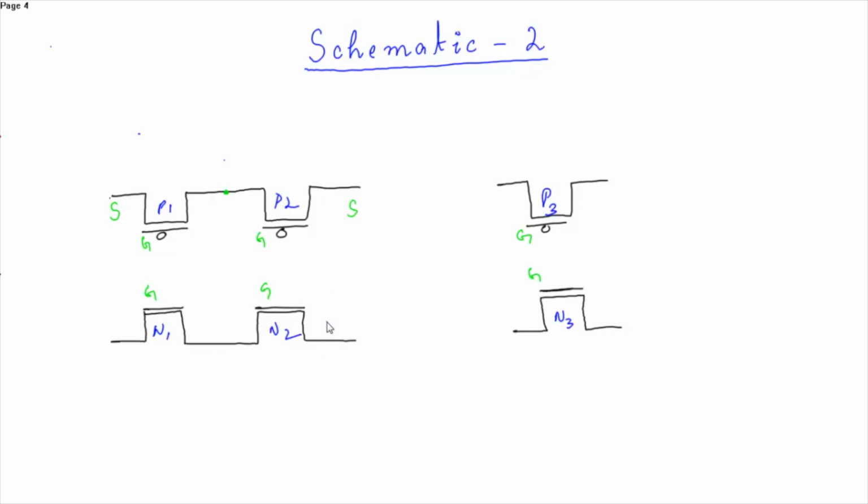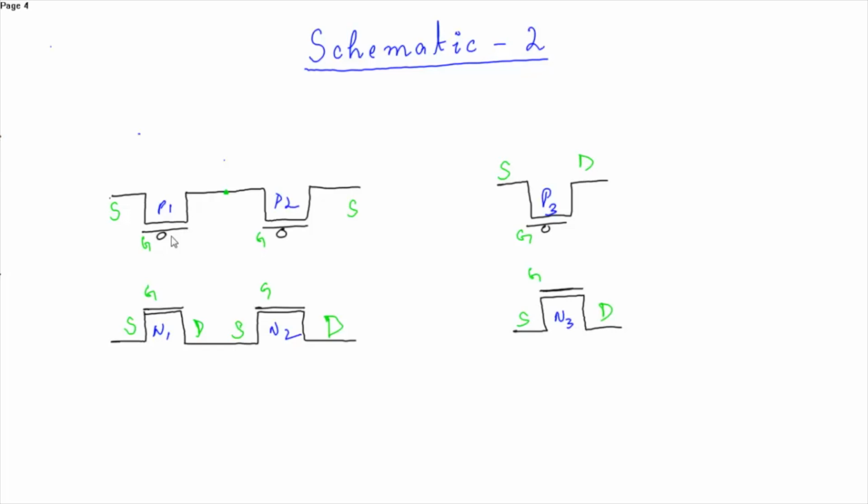So this is the drain terminal, and this is the source, this is the drain, this is again the source. Similarly, source, drain, this is the drain, this is the source.